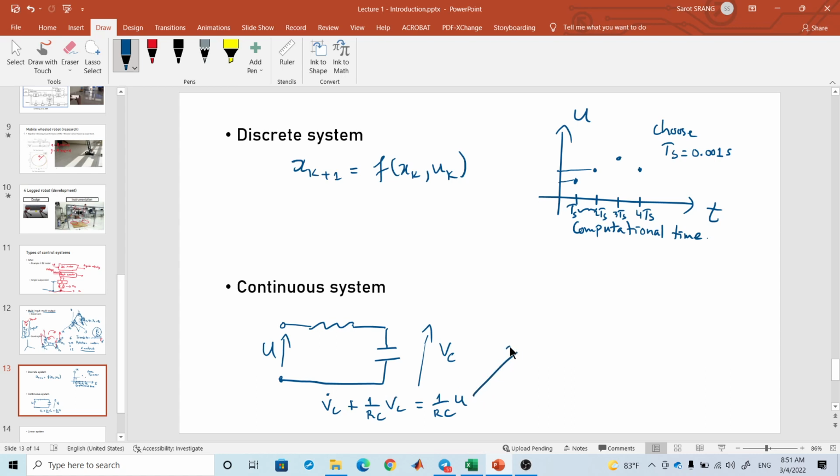If you solve it using an analytical method, you get a continuous solution, right?